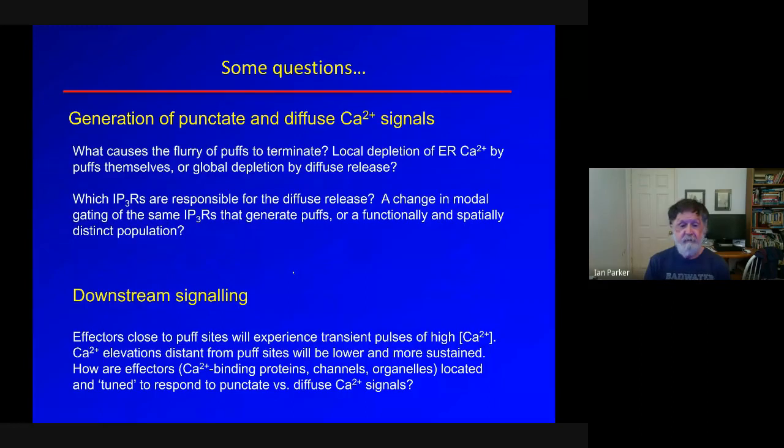That will represent a very different signal. So how are all the different effectors, channels, calmodulin, organelles, and so on located in relation to these different modes of calcium release? How do they respond to the different kinetics of the punctate versus diffuse release?